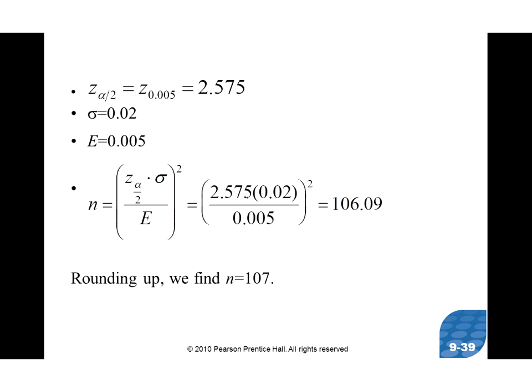Z of alpha over 2, 2.575, 0.02, and the margin of error they gave you was 0.005. And then you got 106.09. You always round up to the next highest number, because you can't have 0.09 of a sample. We're talking about minimum sample size, so you're going to have to round up to the next number.